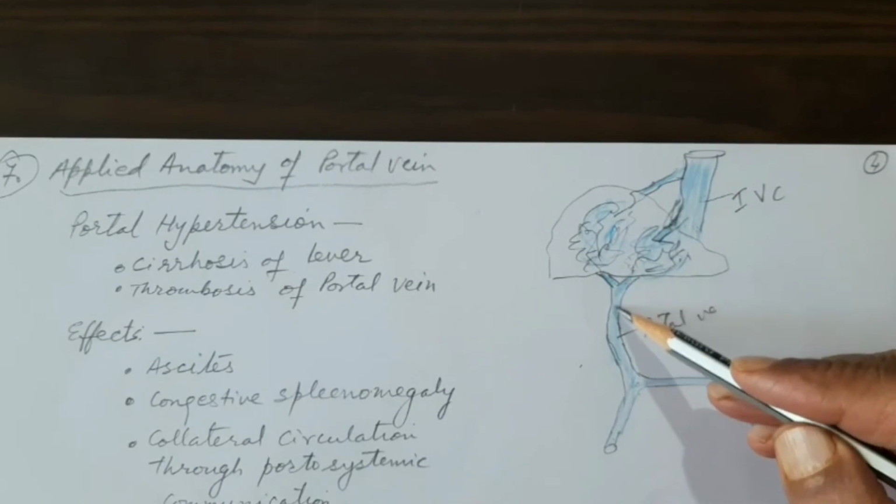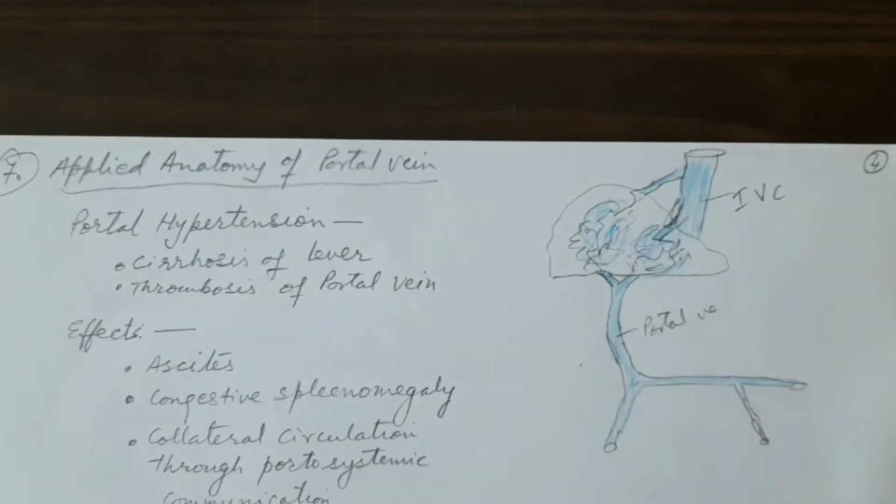Usually the blood pressure within the portal vein is low, because as I said, it has to drain the blood in an anti-gravity direction, and it is venous blood that has already passed through one capillary plexus within the wall of the intestine. So the blood pressure is hardly around 10 millimeter of mercury.